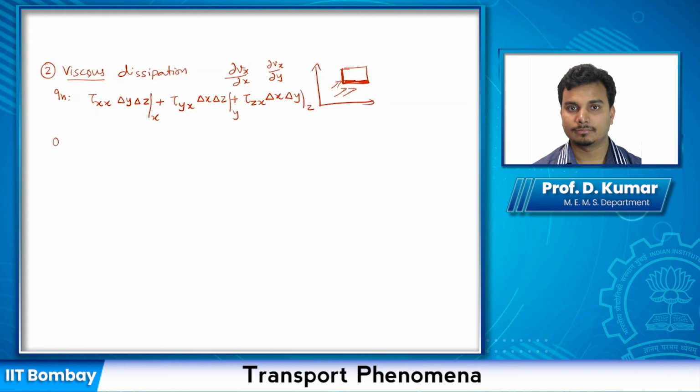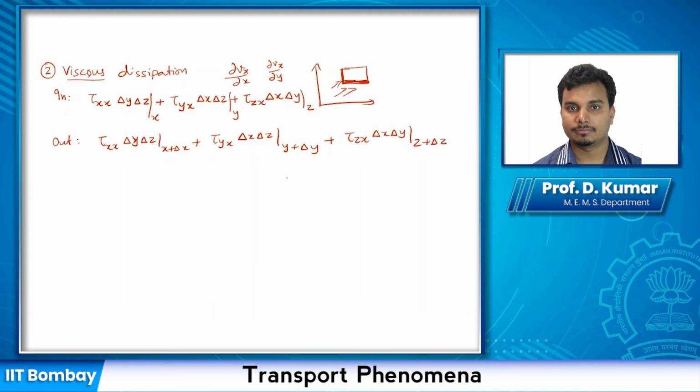Okay, similarly your out term will be tau xx delta y delta z at x plus delta x, y plus delta y, and so on.